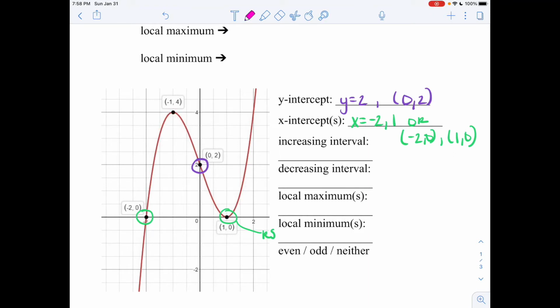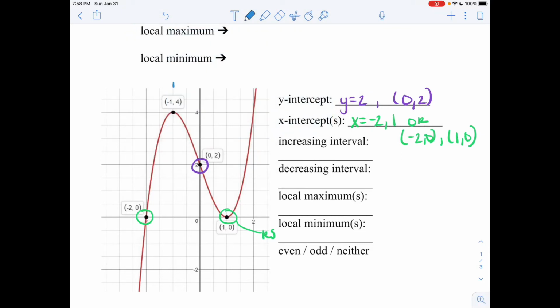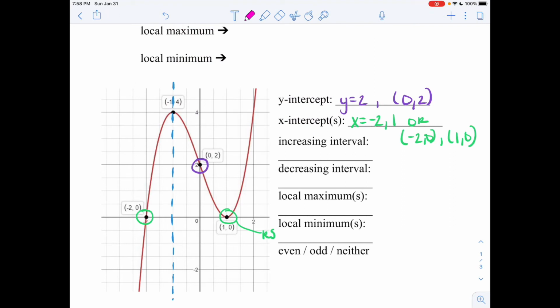So I'm going to go ahead and make a dashed line here at -1 to indicate that that's a critical place on my graph. I'm also going to do a dashed line at 1 because that's where I see that my graph is going from decreasing back to increasing.